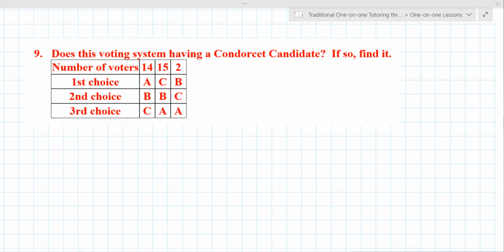Oh, I see. Okay. So again, kind of very similar.